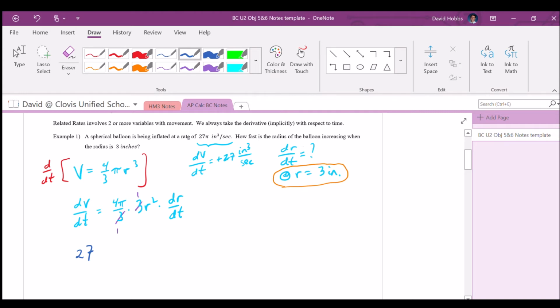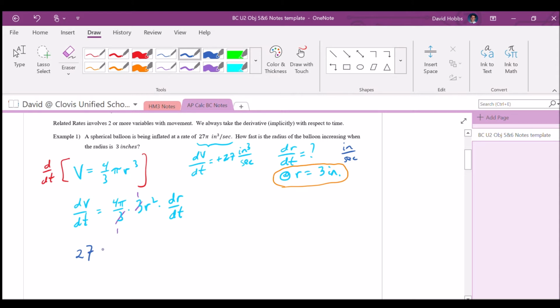And since we're talking about inches here, isn't it just inches to the first power over seconds? Our final answer is going to be in inches per second. As long as you pay attention and the units make sense and they're all speaking the same language to begin with, then you don't need to include the units in the actual work. It does work if you want to do it that way. It's just you don't have to.